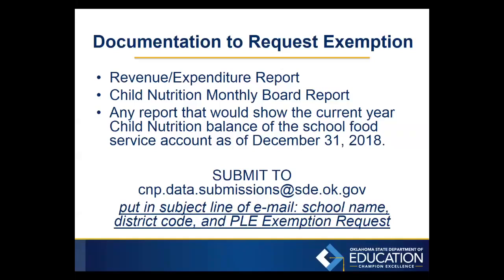And as you see on the screen, you're going to submit that data to that email address, cnp.data.submissions@sde.ok.gov. Just make sure when you're filling that out and sending that in to us that you put in the subject line your school name, your district county code, and that it's the PLE exemption request.